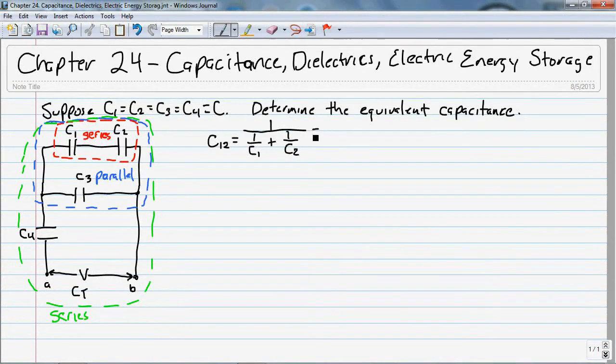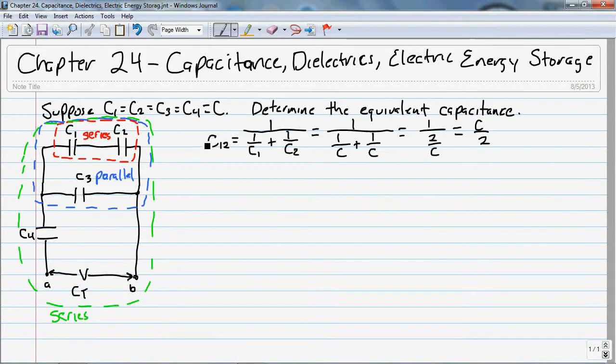And we know that because it tells us in the problem that all the capacitors have some value C, we can put that in. And that equals 1 over 2 over C. And that just means that my total capacitance is C over 2.